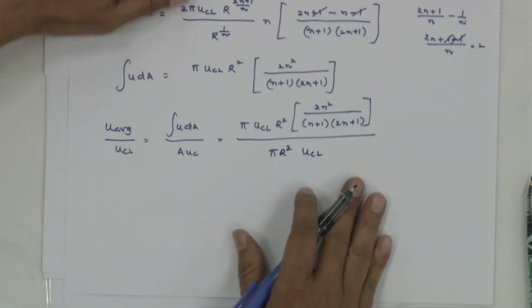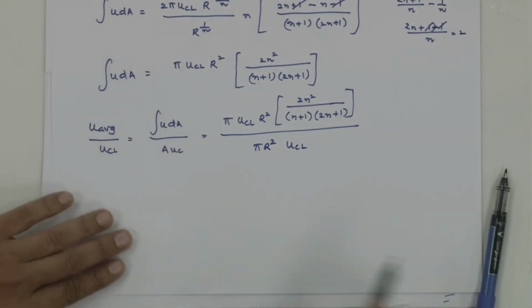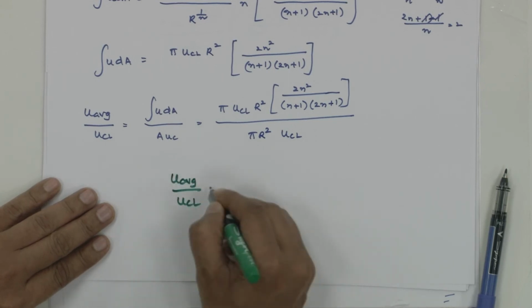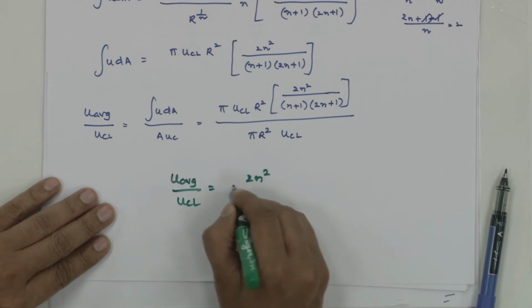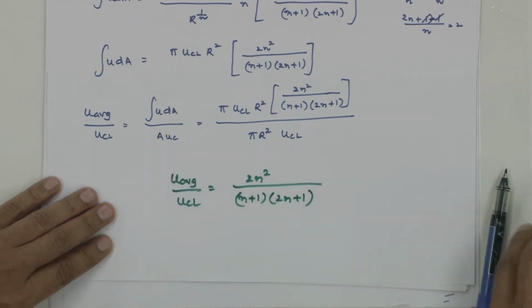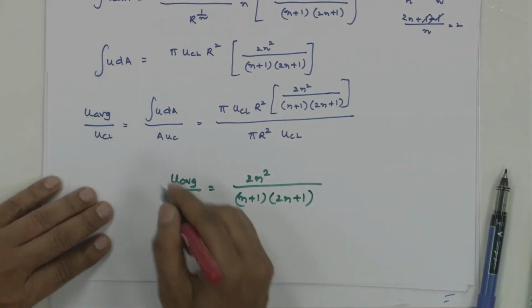So you get u_average by u_CL equal to 2n² upon (n+1)(2n+1). This is what I had used in the previous problem.